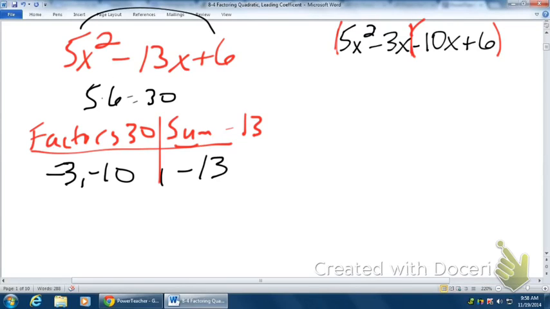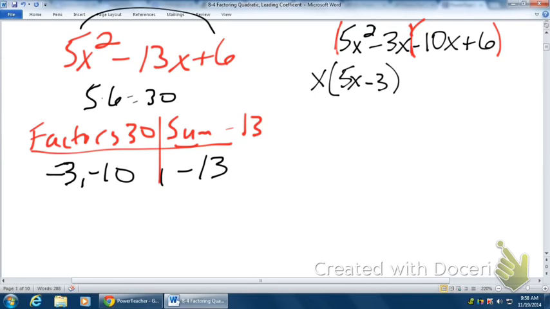What's the greatest common factor of those two terms? Looks like the only term that can factor into either one of those is just x. Right? So if I factored out an x from those first two terms, what's going to be left? I'm going to have a 5x left. And I'm going to have a minus 3 here.